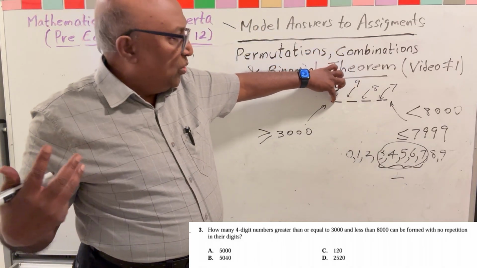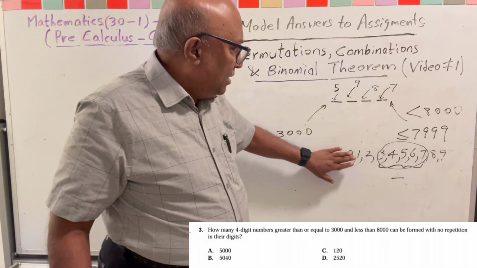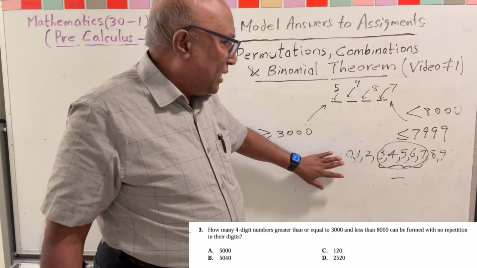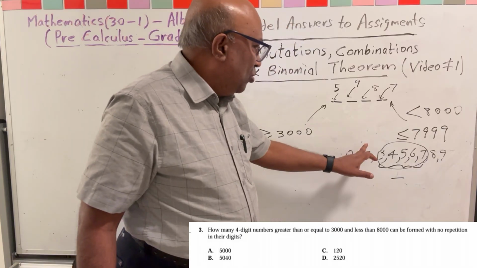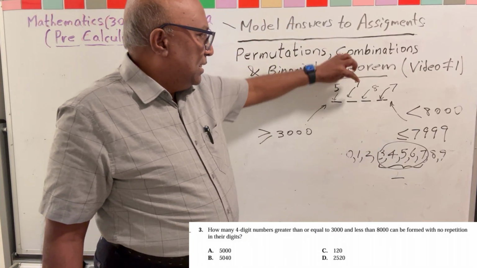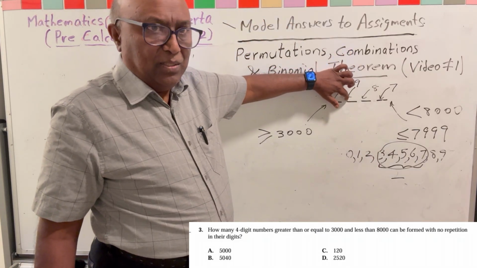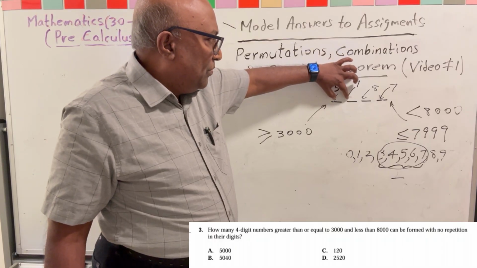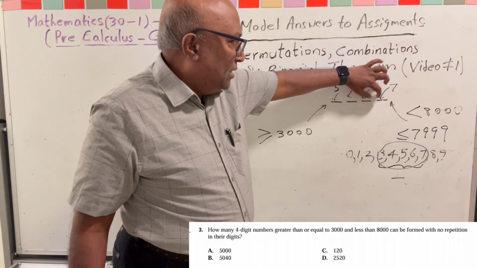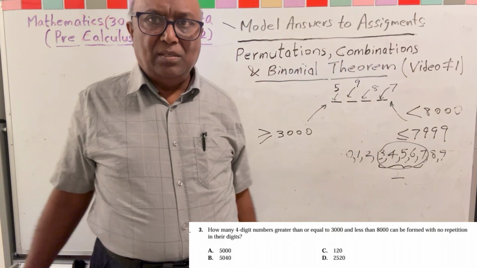Now one number is gone. After that there is no restriction; you can select any number except the one used. There are 9 ways of filling the next place. Now 2 numbers are gone, so 8 ways of filling this one, and 7 ways of filling the last one.